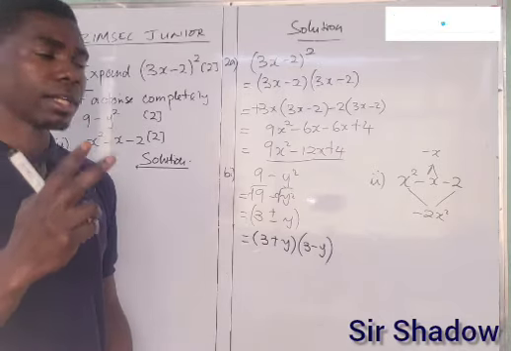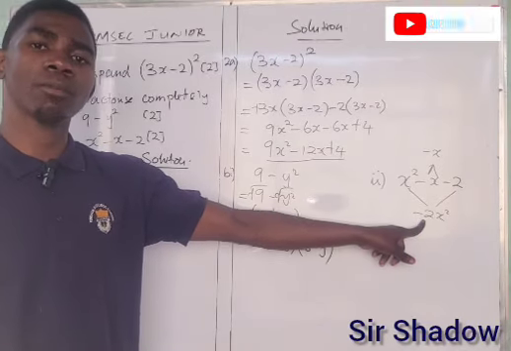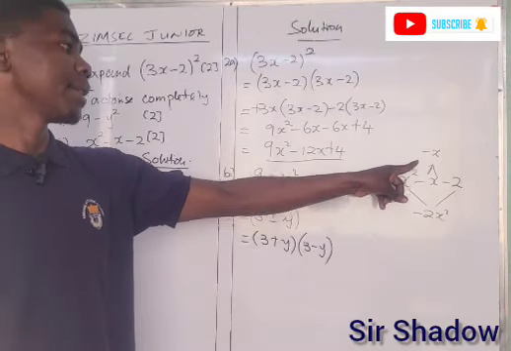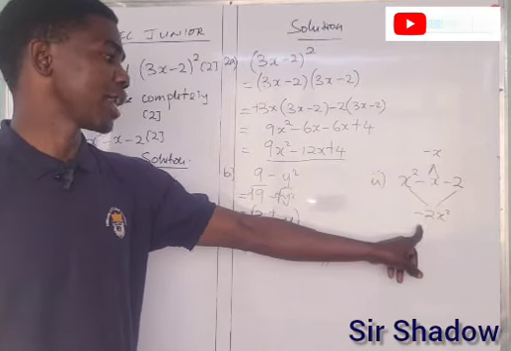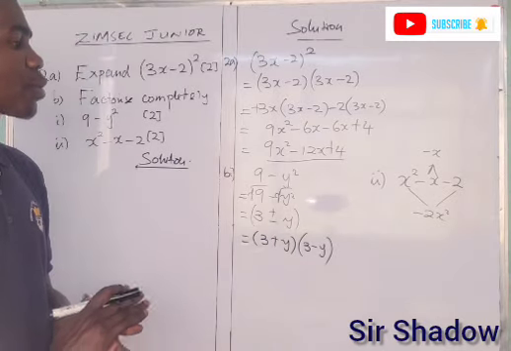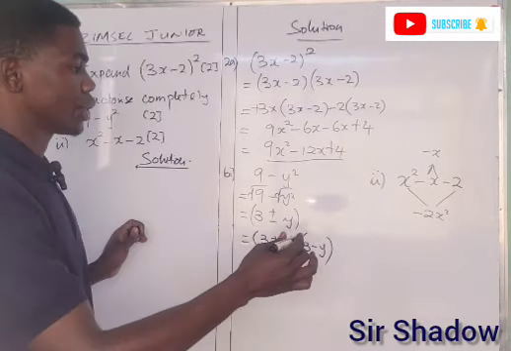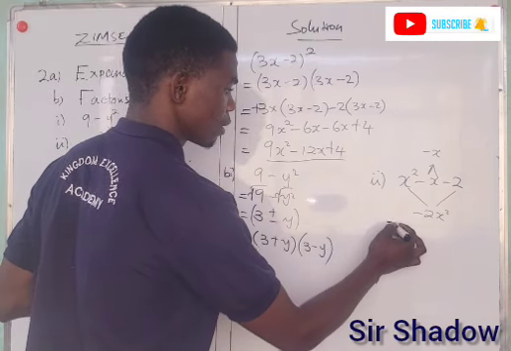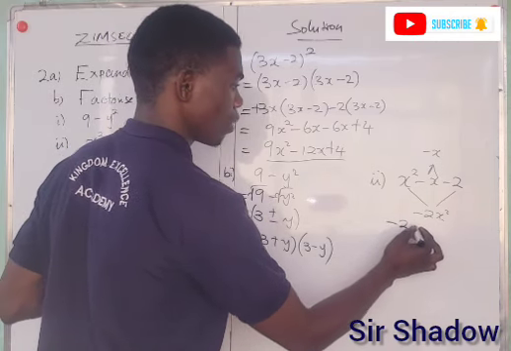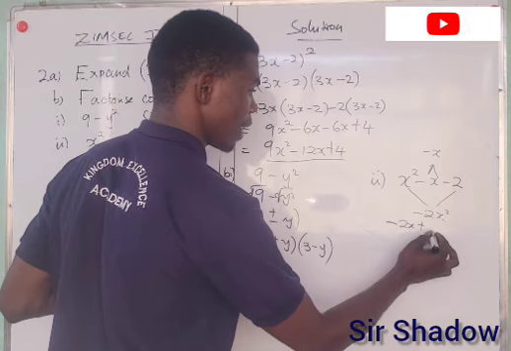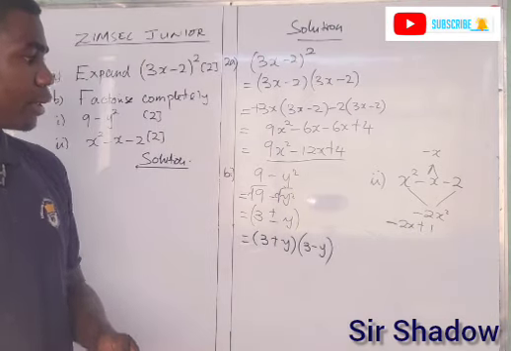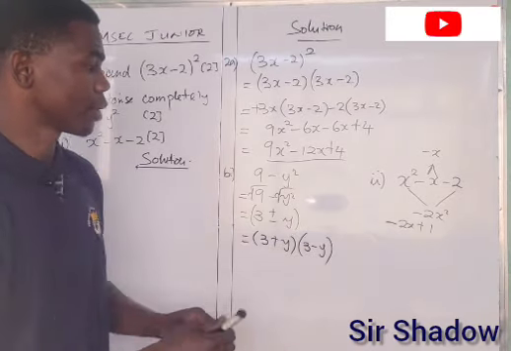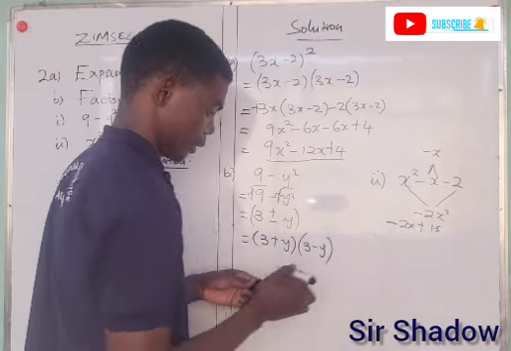Now let's find the factors of minus 2x squared. If we multiply those two factors, they give us minus 2x squared. If you add them, they'll give us minus x. So the factors are minus 2x and plus x, right?